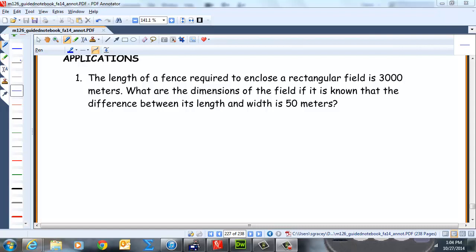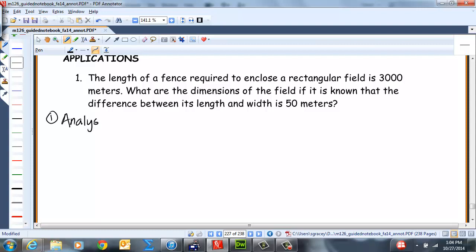So the first sentence gives us what kind of information? Great, it gives us the perimeter measure because the length around a polygon is perimeter. So let's check it out. So we have a rectangle, and we could let L be the length and W could be the width.